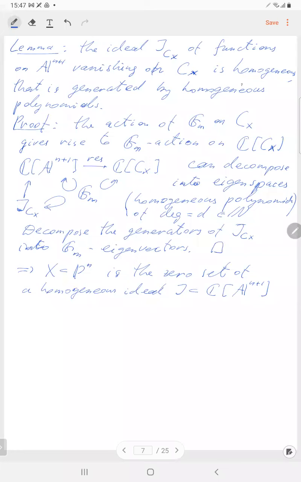Okay, and then we can formulate the sort of projective version of the Hilbert Nullstellensatz about the relation between homogeneous ideals and closed subvarieties of projective space.